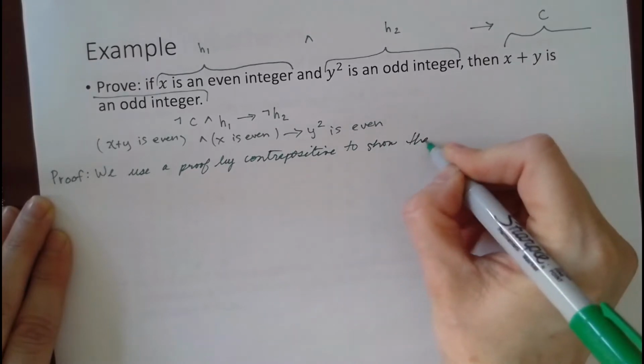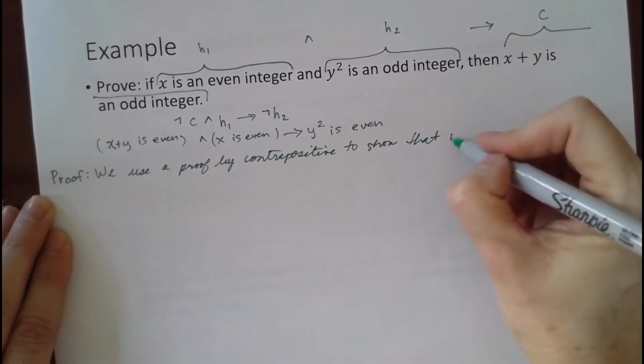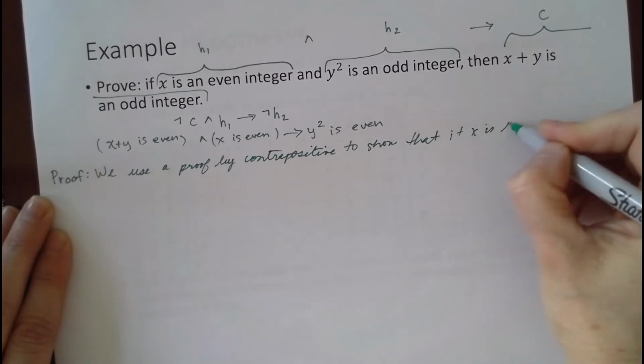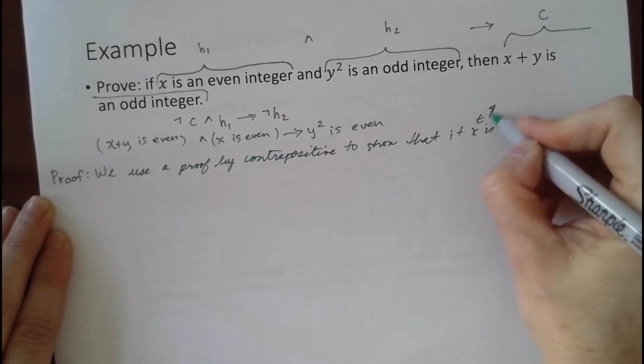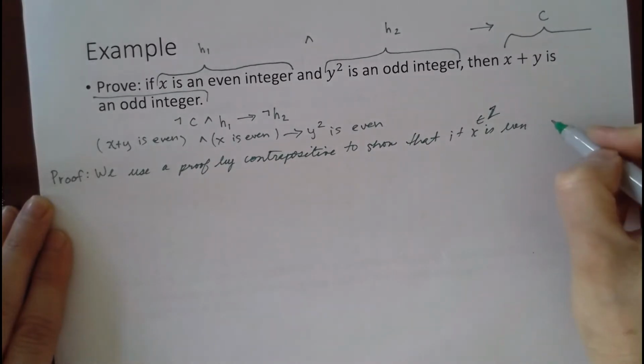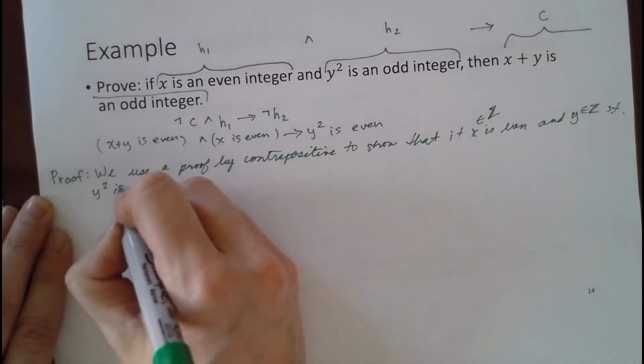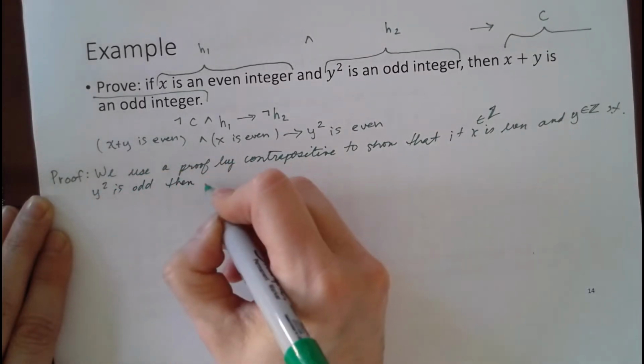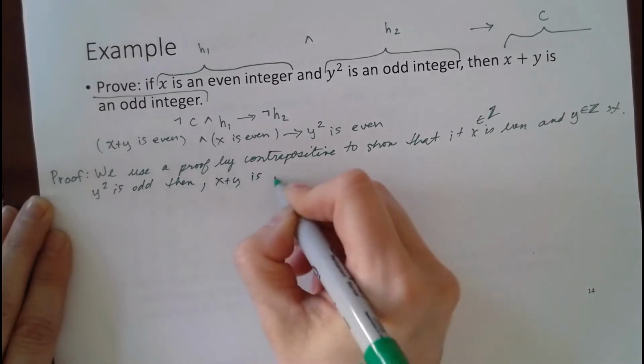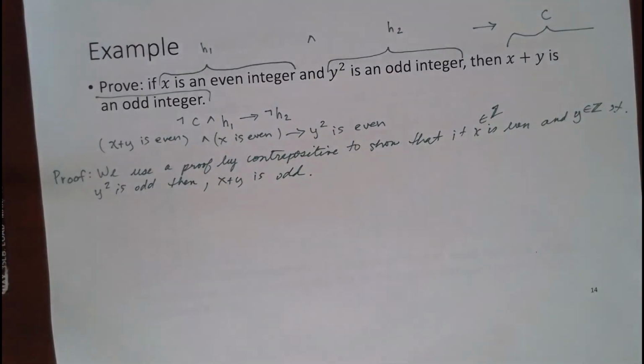To show that, okay, if x is even, I'll just put x being an even integer, and y an integer such that y squared is odd, then x plus y is odd. So we told the reader that we're using a proof by contrapositive, but now let's make it really clear for them what we're going to do.